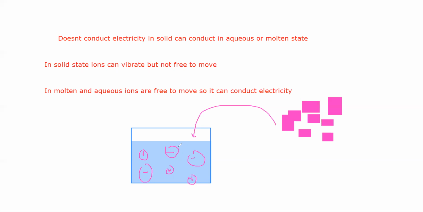So in solid state, the ions are not free to move. That's why it is not able to conduct electricity. But in molten or aqueous, ions are free to move. So it can conduct electricity. Is it clear? Why in a solid the ionic compound cannot conduct electricity, but in molten or aqueous, it can conduct electricity.